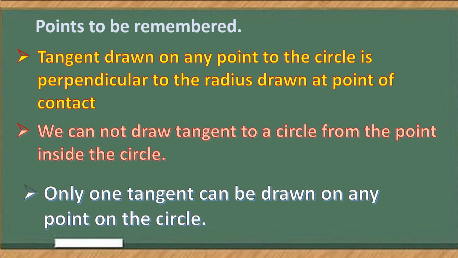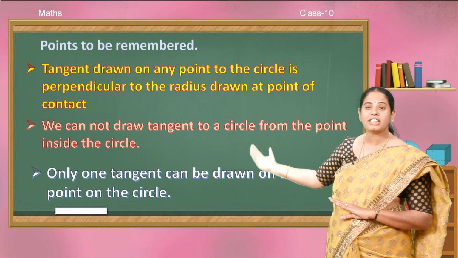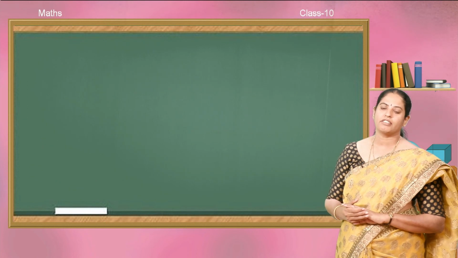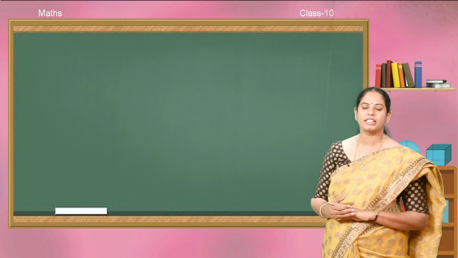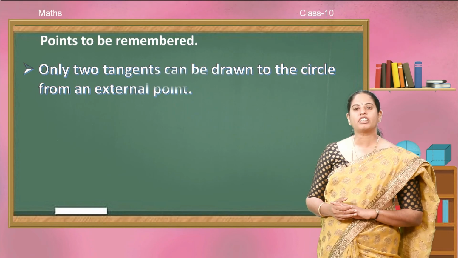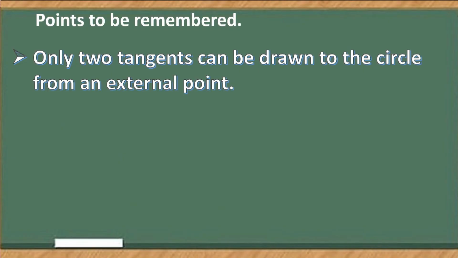If a point is on the circle, then only one tangent can be drawn to that. If the point is outside the circle, then the number of tangents that can be drawn is two.